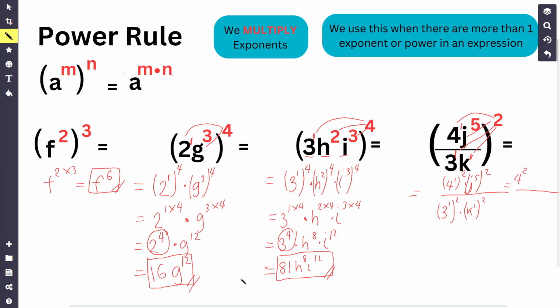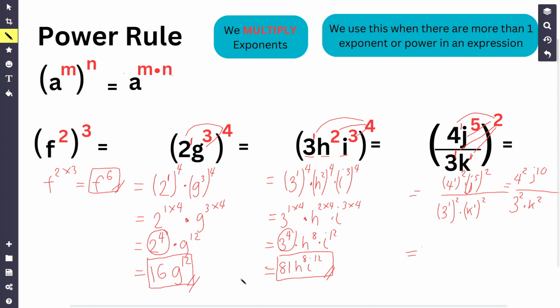That's 2. And then we have here j raised to, what's 5 times 2? That's 10. All over 3 raised to, what's 1 times 2? That's 2. And then we have here k raised to 1 raised to 2, and what's 1 times 2? That is also 2.